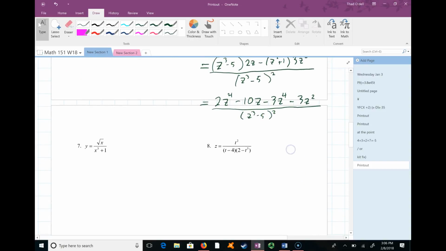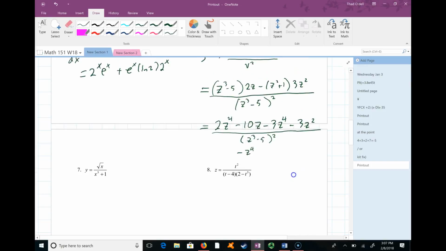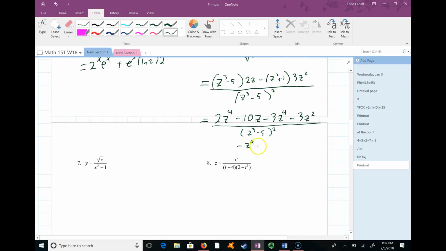And we can combine some like terms on top. So 2z to the 4th minus 3z to the 4th, that'd be negative z to the 4th, minus 3z squared minus 10z. And all that is still over z to the 3rd minus 5 squared.